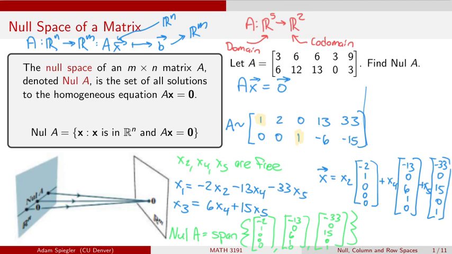And the third vector is minus 33, 0, 15, 0, 1. So any vector that gets mapped to the 0 vector under this map defined by matrix A has to be a linear combination of these three vectors. And any vector that is a linear combination of these three vectors is definitely going to have an image which is the 0 vector after it's multiplied by matrix A. So here we've got the null space for matrix A.